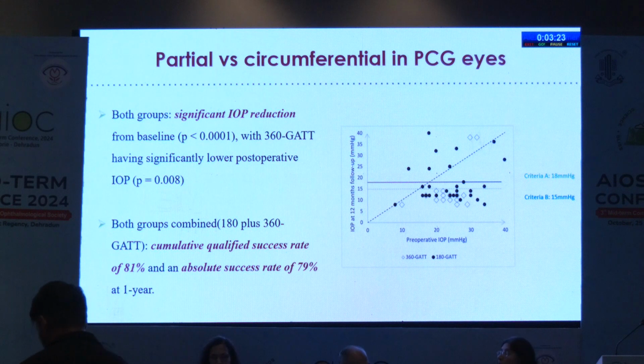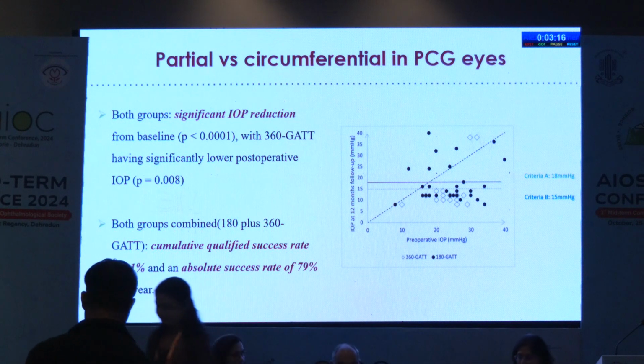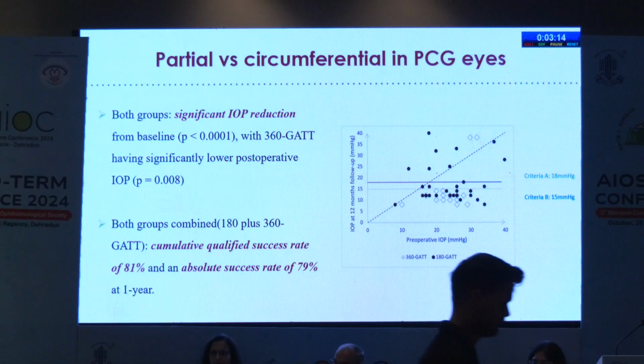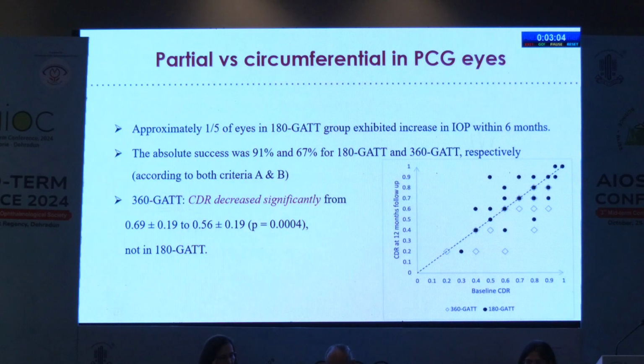So I think that's mine. 360 degree fared much better than 180 degrees in the primary congenital glaucoma group, and now we are resorting to 360 degree treatment in these patients.